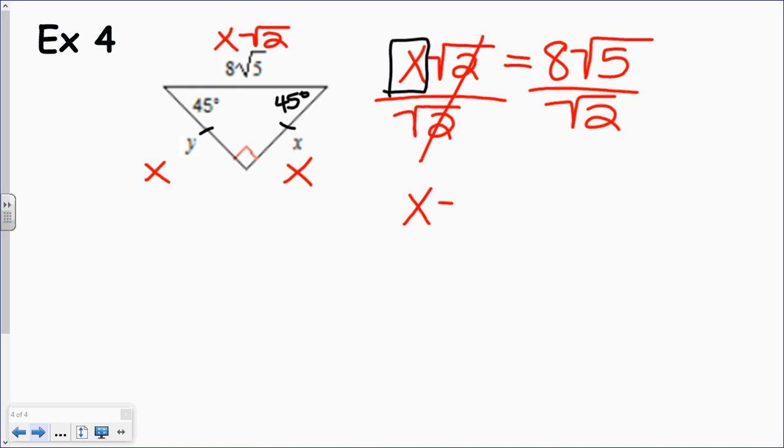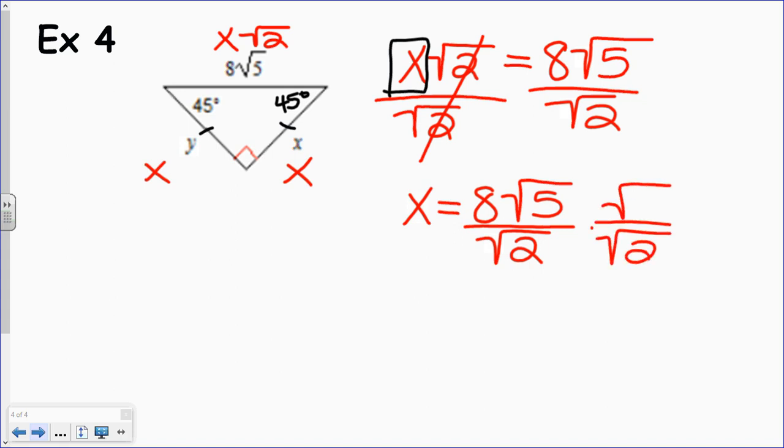I'm left with x is equal to 8 root 5 divided by root 2. And now we're almost there. The only thing that we should recognize here is that we don't like radicals in the denominator. So now we're going to multiply the numerator and the denominator by root 2.